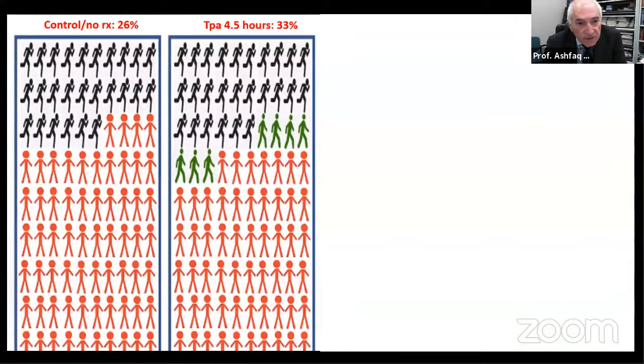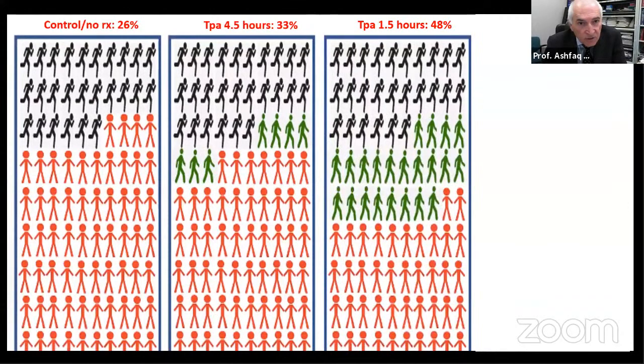Instead of 4.5 hours, if your system was very good and you treated these patients within 1.5 hours, then you can see that nearly half of these patients would make a full recovery. That's 22% more than the standard of without any TPA. So you can see there's a significant improvement as you treat them earlier.